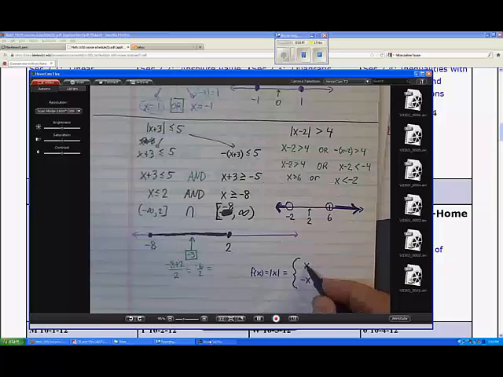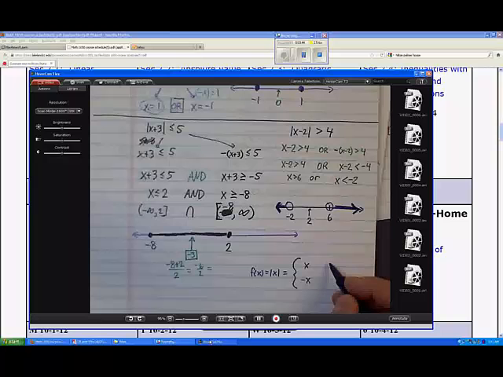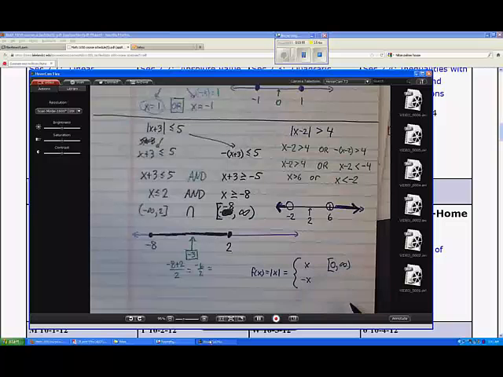Well, it equals x when, sure, on the interval, if you want, 0, infinity. And it's negative x if we are, sure, so from negative infinity to 0. Does that make sense? Okay.